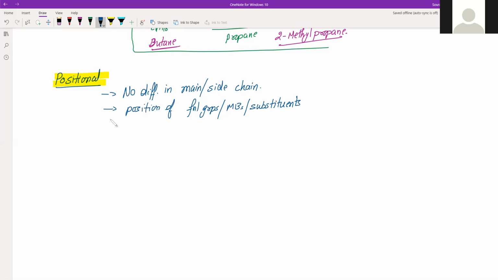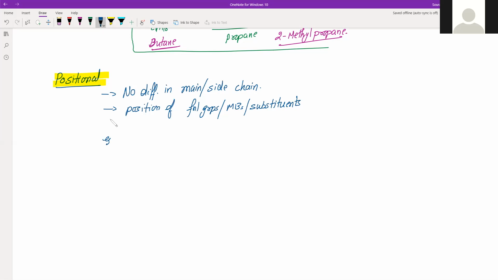Multiple bonds should be the same. A double bond should not change to a triple bond or single bond. The multiple bonds should be the same, its position may be different. Or the substituents like chloride, fluoride, nitro or hydroxy can be the same in two structures, but their position will be different. Right?